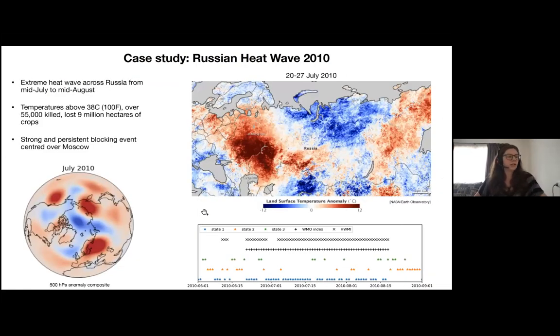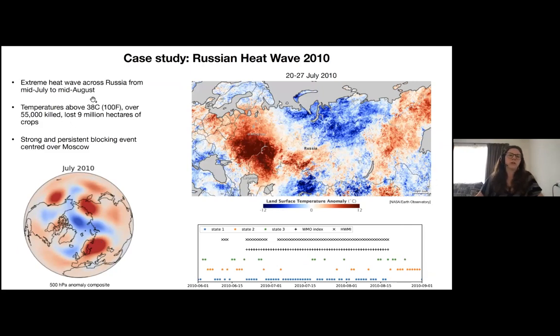So we looked at this in the context of the Russian heat wave of 2010, because this was known to be caused by an anomalous, coherent positive pressure structure over, I guess, Scandinavia and Russia.